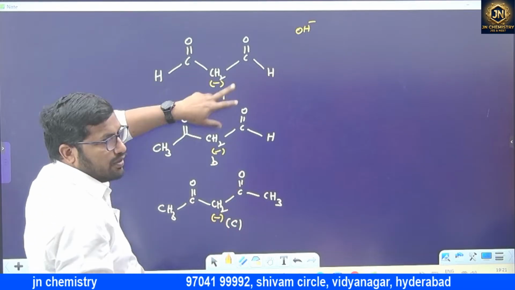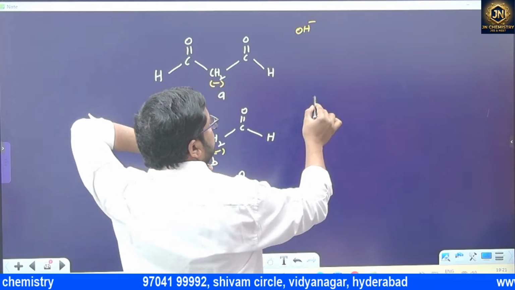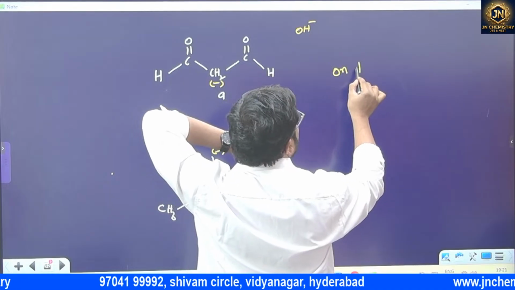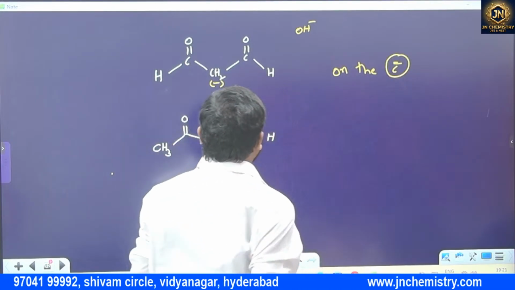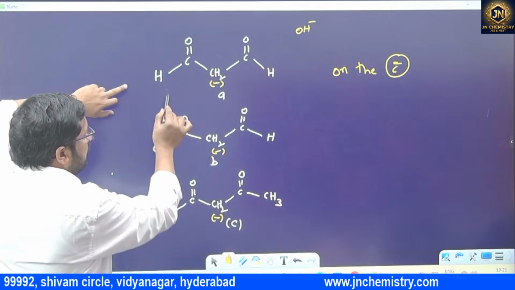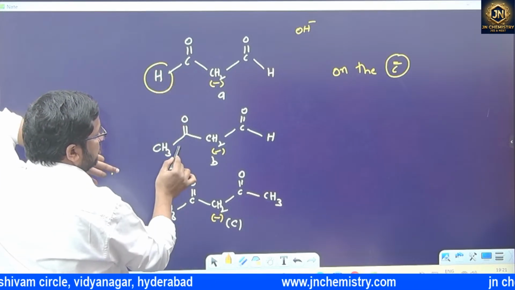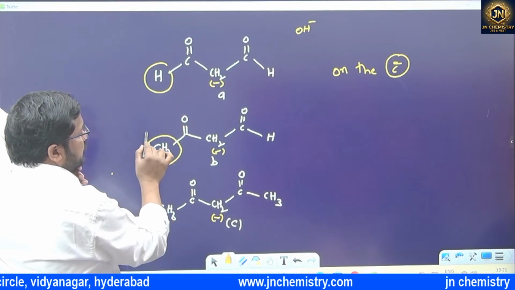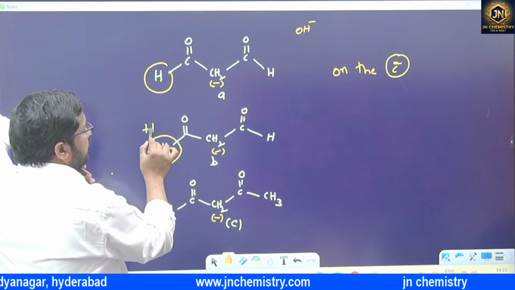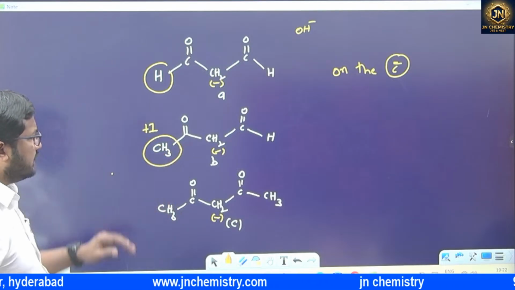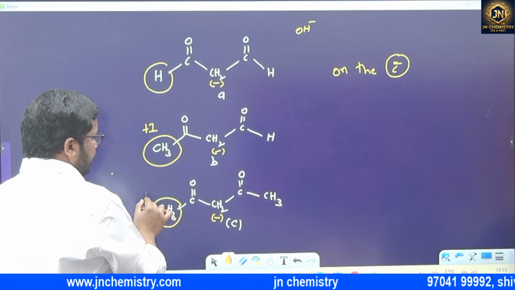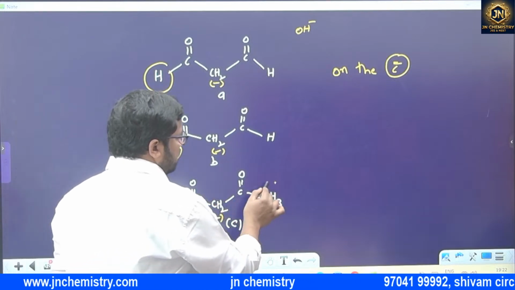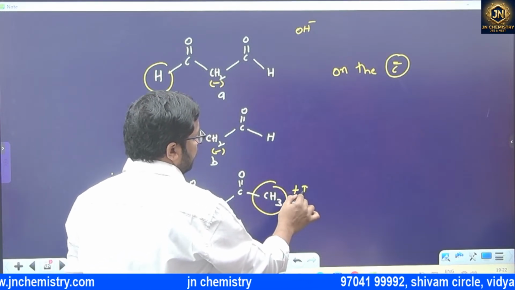On the basis of carbanion, tell me. There is hydrogen, right? In this case, one methyl group. Methyl group is what nature? Plus H and plus I, of course. Here is plus plus I. Here is plus I. Here is also plus I.